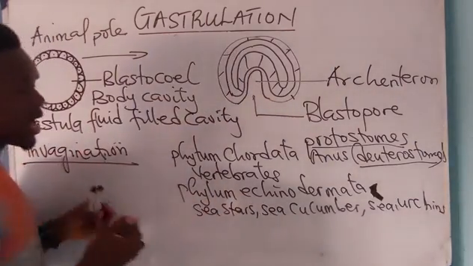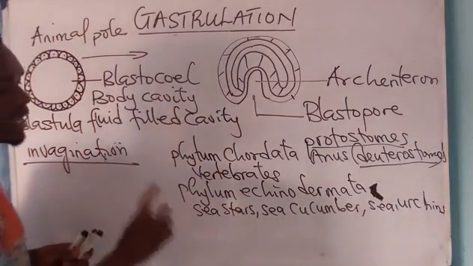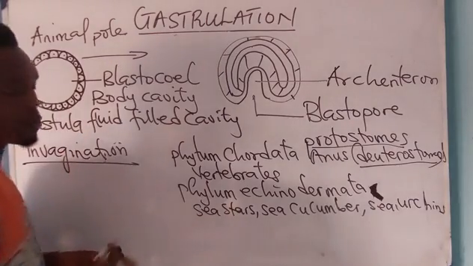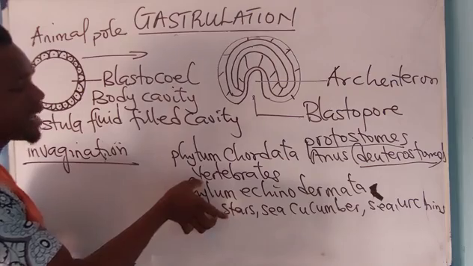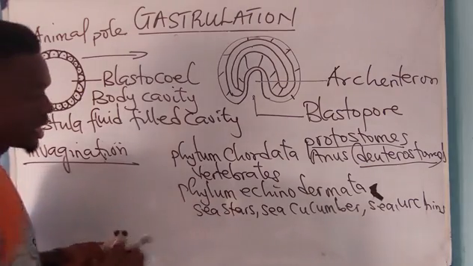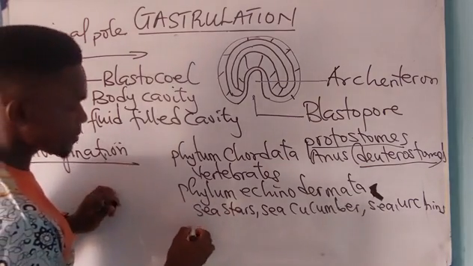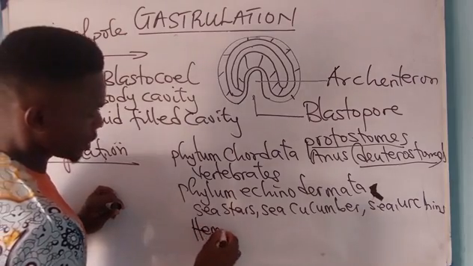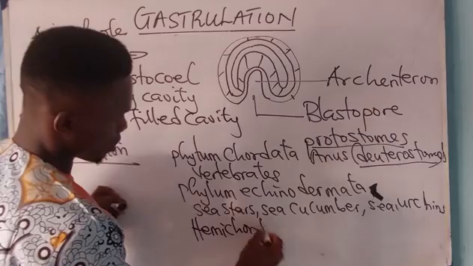All of these are echinoderms. They have spiny skin, and they have a high level of regeneration. Now, the last one is the Hemichordata.